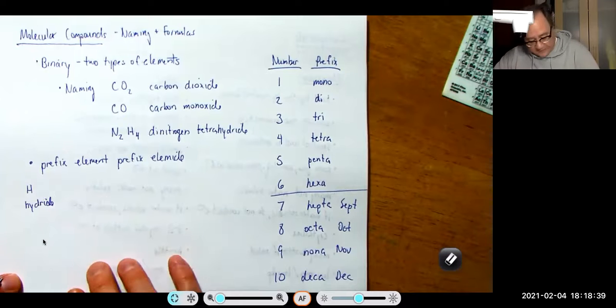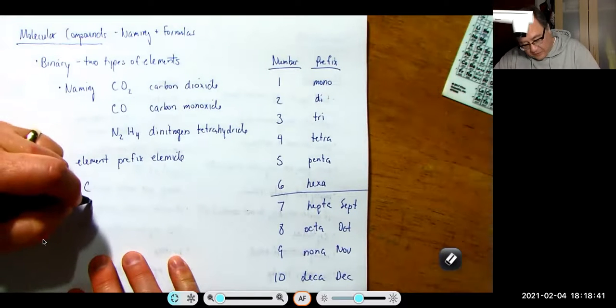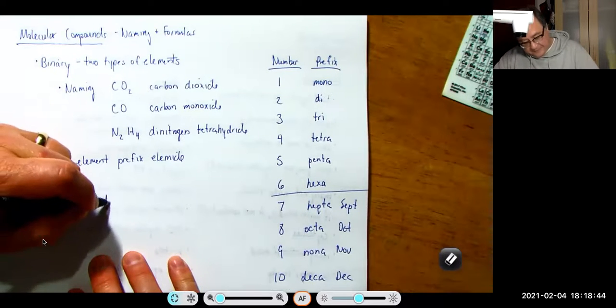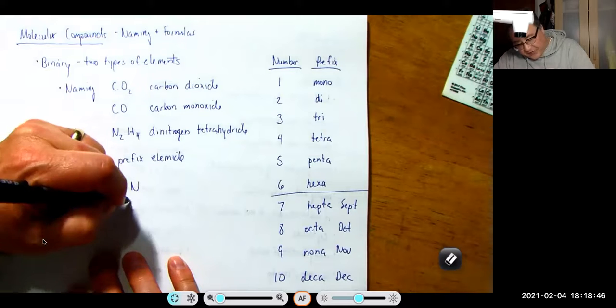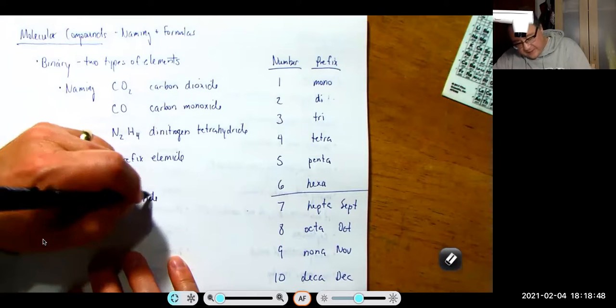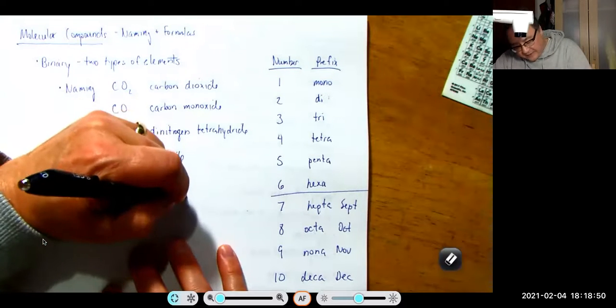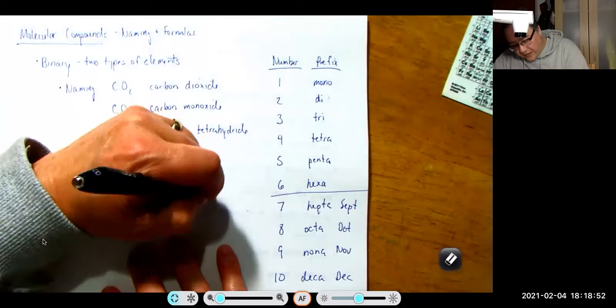Hydrogen is hydride. Carbon is carbide. Nitrogen is nitride. Oxygen is oxide. And fluorine is fluoride.